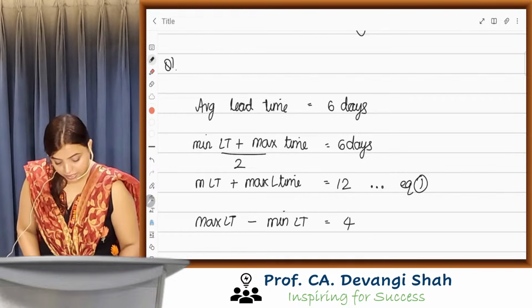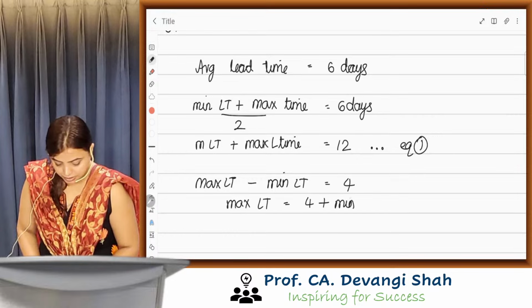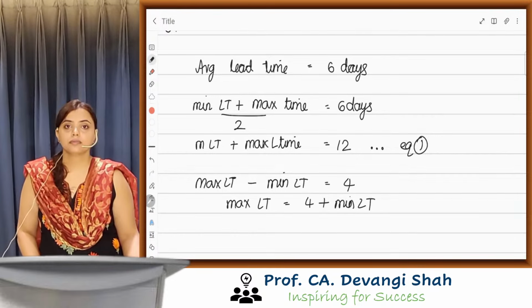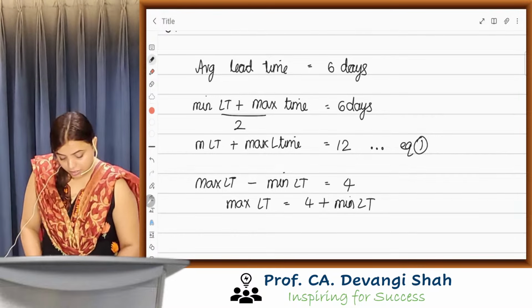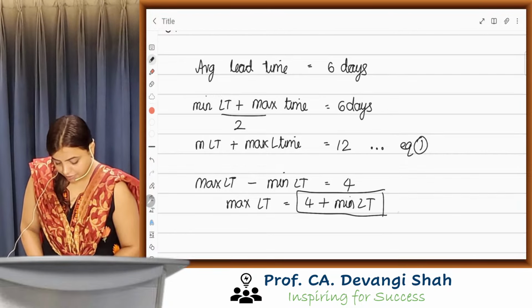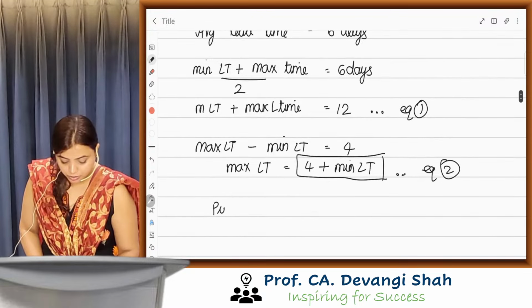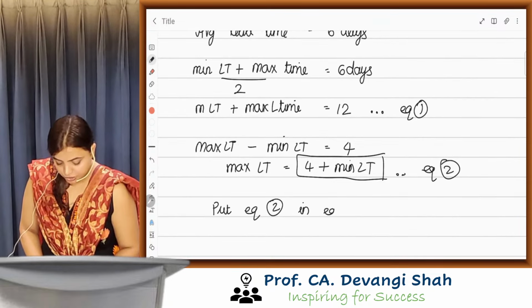Correct? So maximum lead time is equal to 4 plus minimum lead time. I'm going to number this as equation 2, and I'm going to put equation 2 in my equation 1.